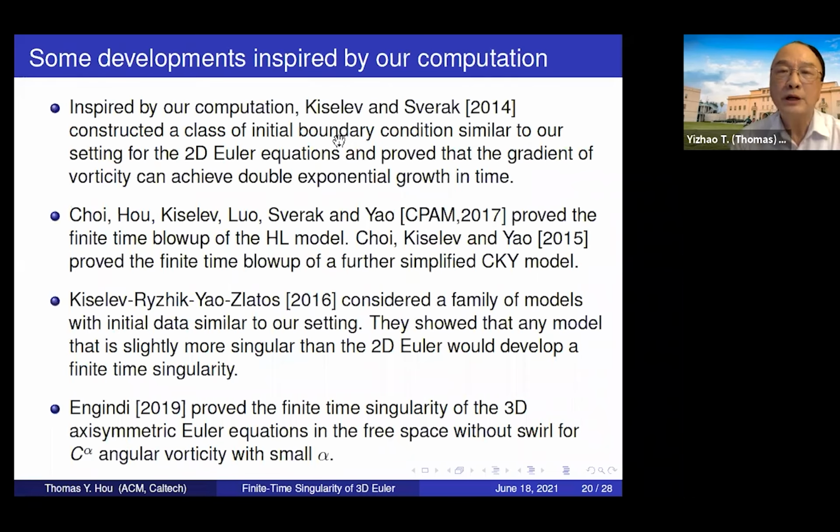So this work was published about 7 years ago, and since then it generated a lot of interest in the mathematical community, especially in the PDE community. So for example, Kiselev and Zlatos resolved a long-time open question in 2014. We know the 2D Euler equation cannot develop a finite time singularity, but the analysis showed that the gradient of vorticity, though vorticity satisfies the maximum principle, can grow double exponentially in time.